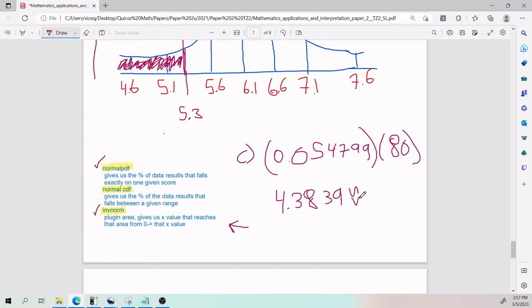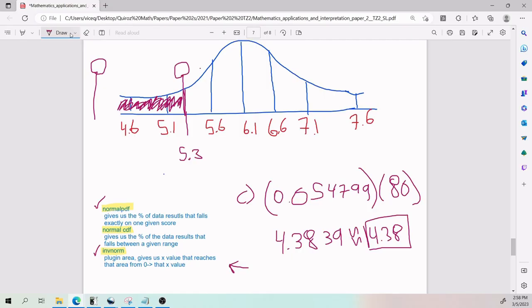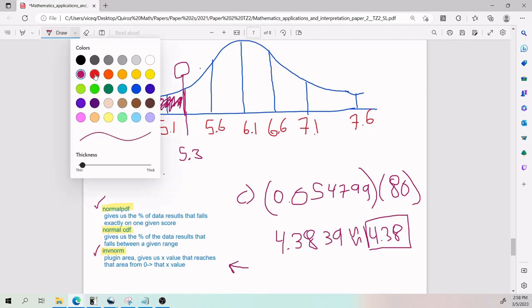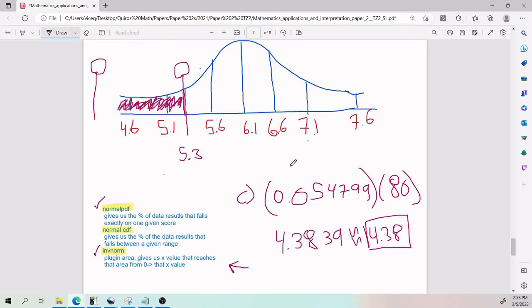If you want to get fancy, this is the same as 4.38. So in this group of 80 cats, my expected number of cats that weigh less than 5.3 is around 4, more specifically, around 4.38. I know these are a lot of numbers on the screen, but essentially you take your proportion and your total.